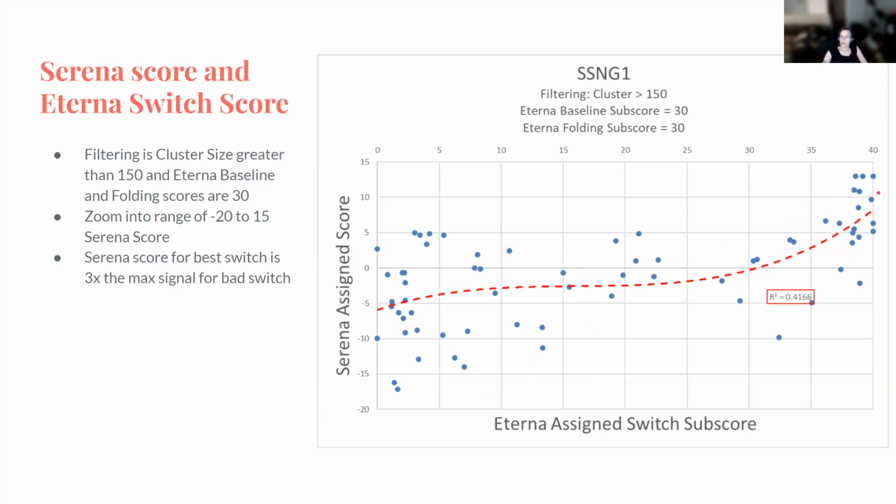Serena has predicted that the best switches did the best, and the worst switches did the worst. And there's a 15, almost a 10-point spread between the highest score for a horrible design and the best. And I'm really proud of this.